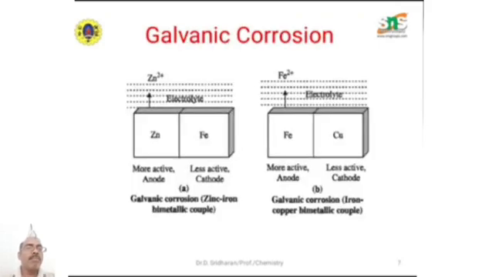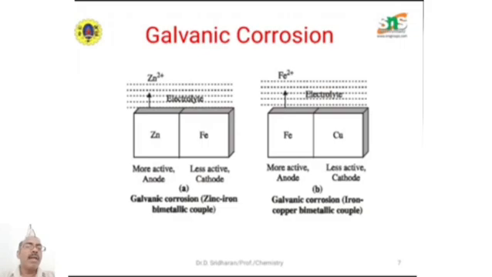Here we clearly see the dissimilar metals where galvanic corrosion happens. The first one is zinc and iron, and the next one is iron and copper. These are the two examples here.